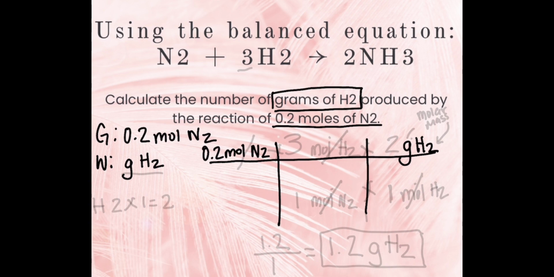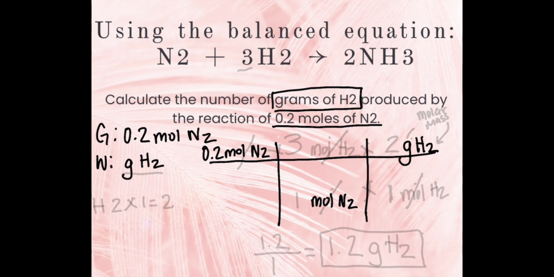Now, I have to set up the rest of my railroad tracks with the units that will allow me to cancel out in order to be left with grams of H2, because that's what I want. If I look at the units of what was given, I have mole of N2, and I'm going to put that unit in this box right here.